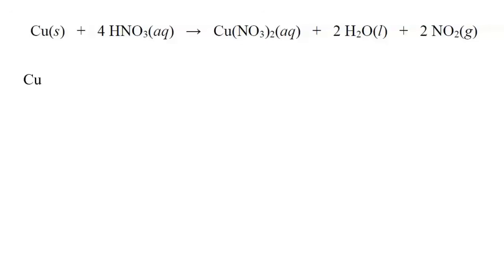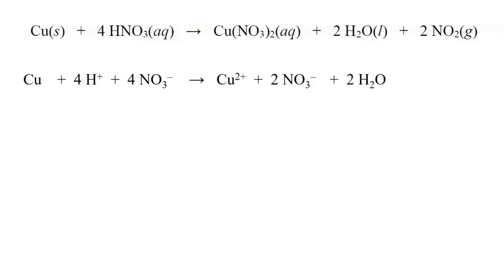So copper reacting with a strong acid, nitric acid is a strong acid, it completely splits up into H+ and NO3-. So 4H+ and 4NO3-. Copper nitrate would split up into copper ions, Cu2+, and then 2 nitrate ions. And then we have water and NO2.